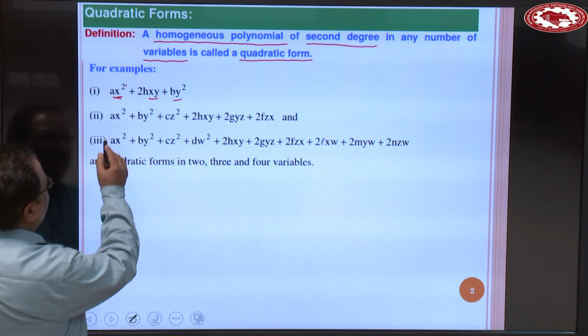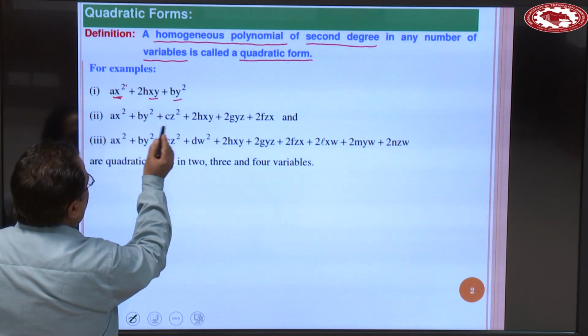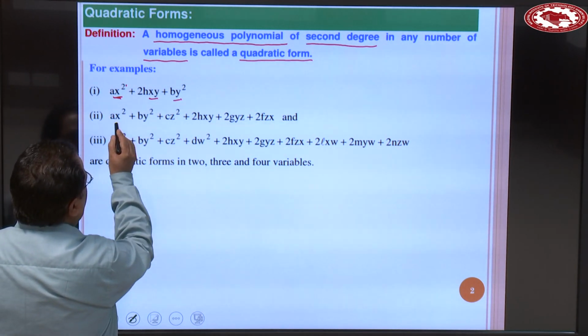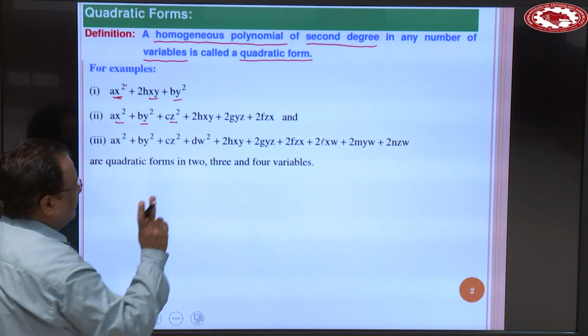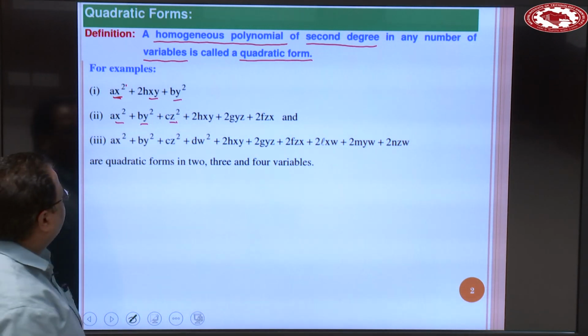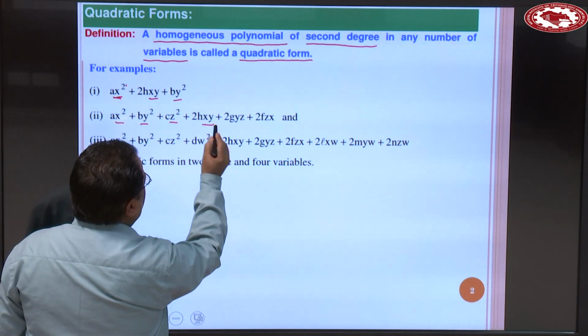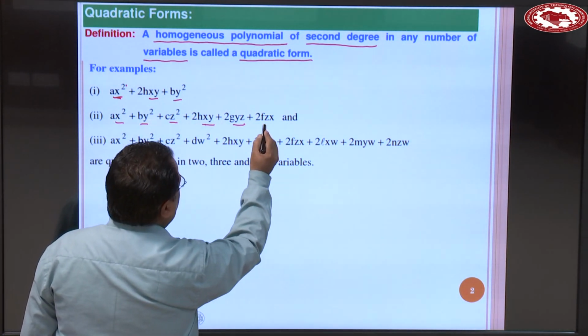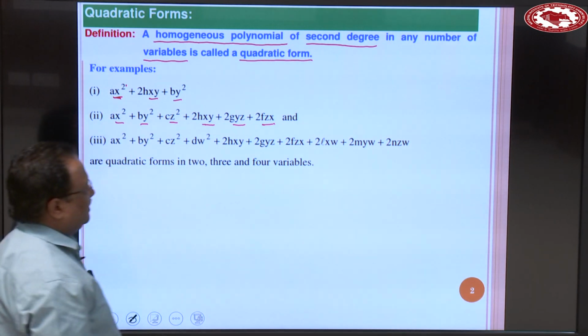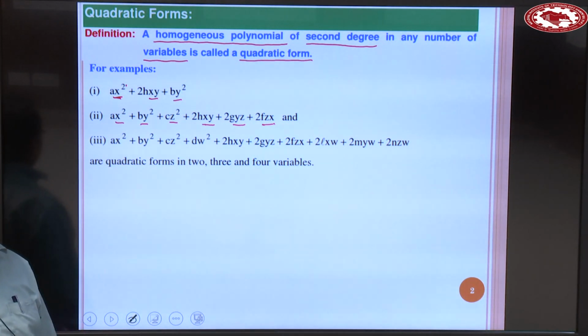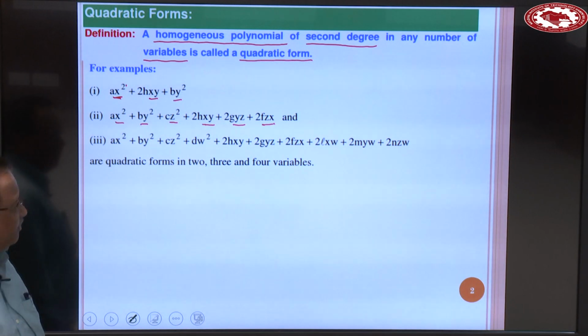Similarly, ax square plus by square plus cz square plus 2hxy plus 2gyz plus 2fzx, where we have 3 variables x, y and z, is also known as a quadratic form.